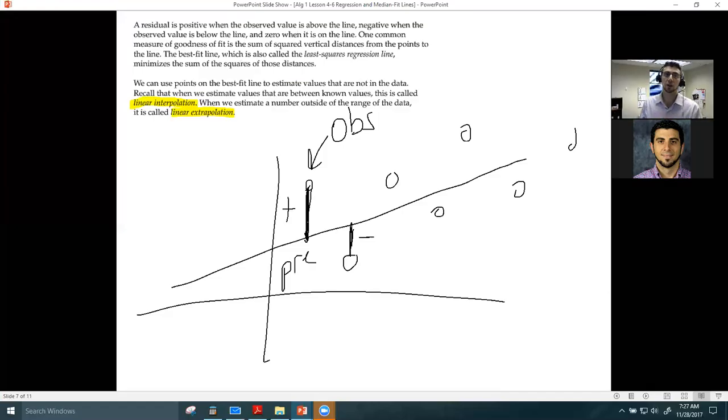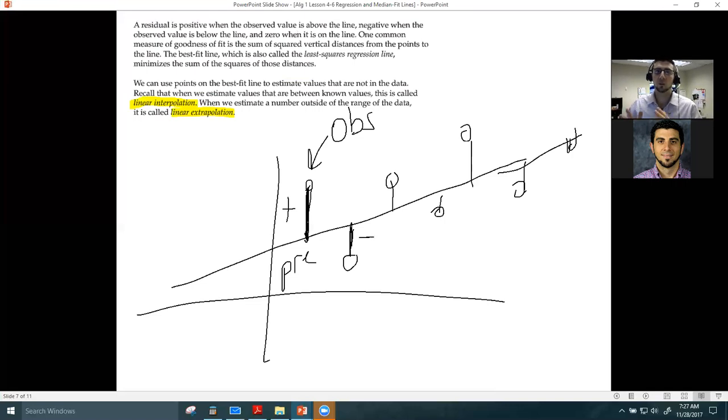Now, one common measure of goodness of fit is the sum of squared vertical distances from the points to the line. So what they do is they figure out all these distances of the residuals, square them, and then add them together. Okay, you're not going to have to do this by hand. This is just information for you.